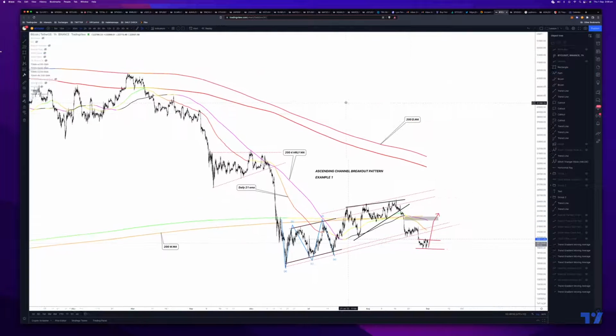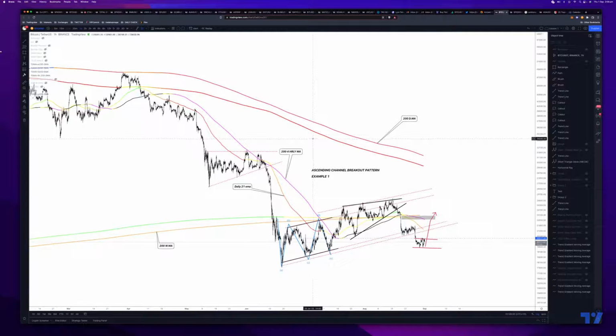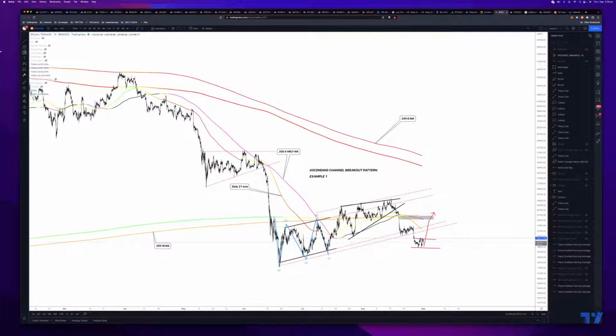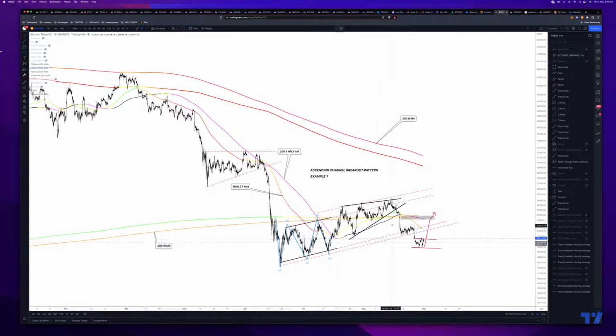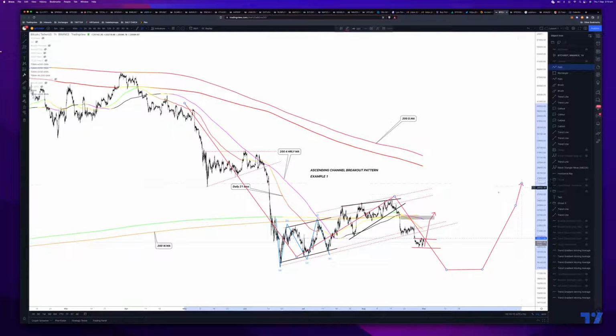If we look at this, I still think we can go a bit lower. If this is our formation, we can probably still come down here and find support. And this will be our Adam and Eve type of formation.